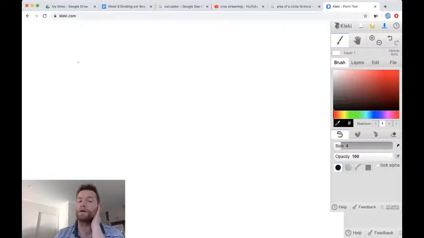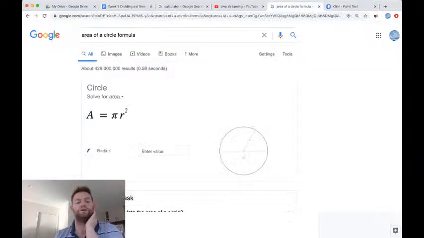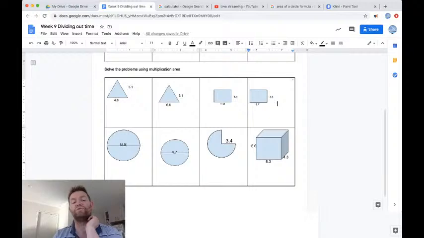Cool, and we're going to go have a look at equation 6.8. One trick with that is diameter is from one side to the other. Radius is halfway. This 6.8 is already a diameter, so we have to half that to start, which is 3.4.